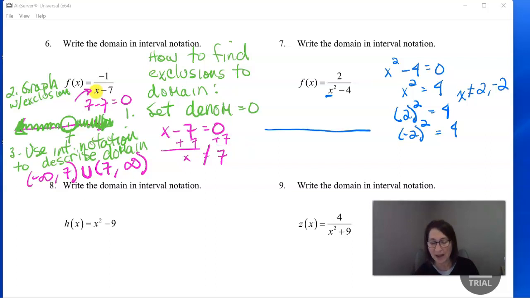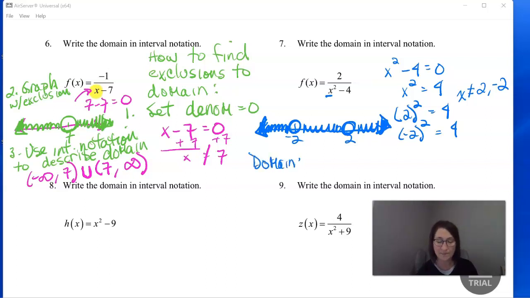So if I go ahead and graph that, I'm going to put a negative 2 and a positive 2. And I'm going to put an open circle at both of those numbers. And I'm going to shade everything to the left, in between, and to the right. So now as I write my domain, it's going to have 3 intervals.